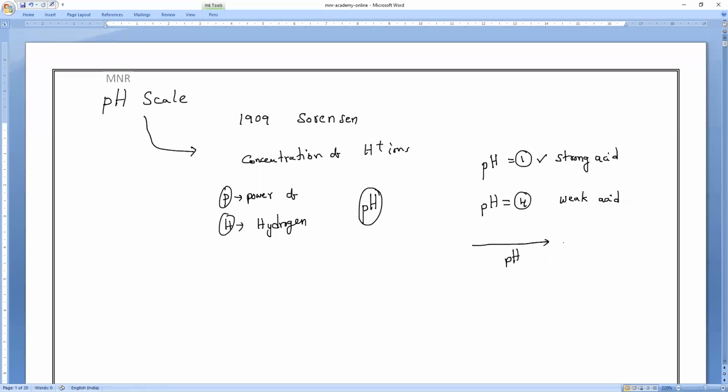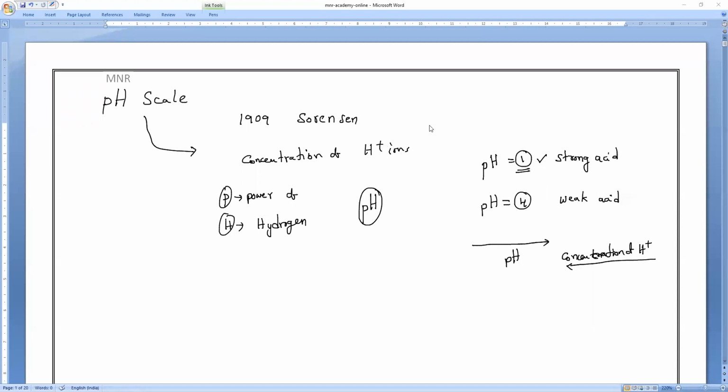As we all know, when the pH value is increasing, all of you remember, the concentration of H plus ions is decreasing or increasing? Decreasing. So that is why, if you take a low pH, it is a strong acid or weak acid?